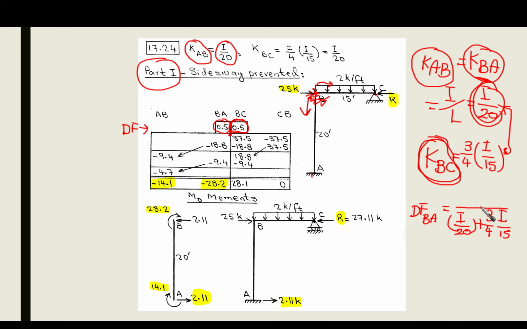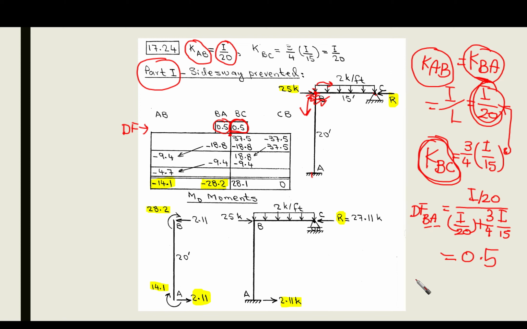In the numerator, we have BA, which is I over 20. If you calculate this, you're going to find the distribution factor for BA is 0.5.